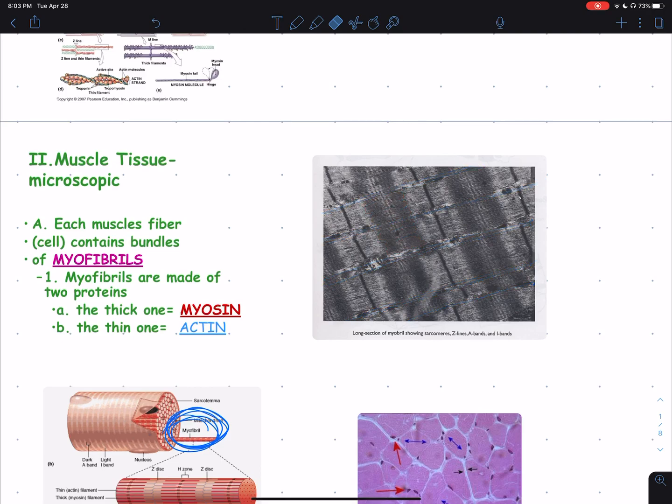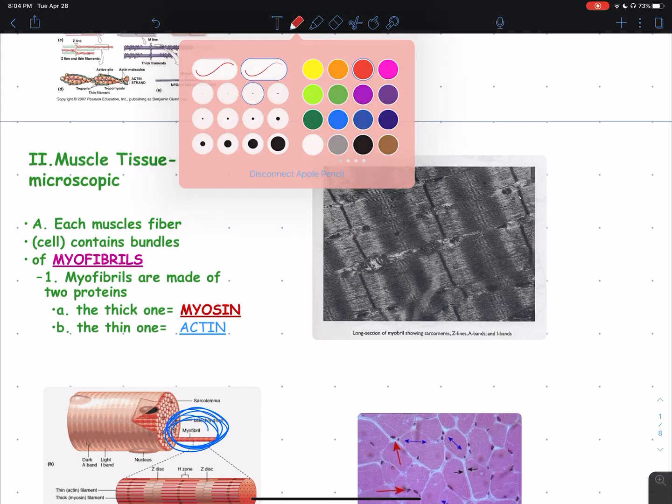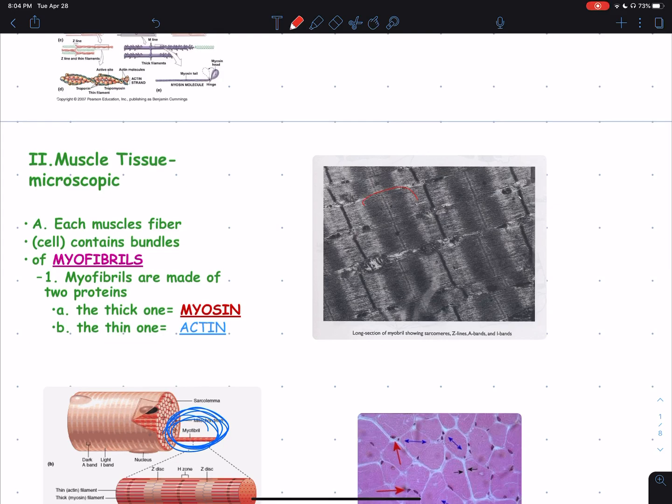So myofibrils are those stripes in the muscle, and the myosin is going to be the thicker ones that are dark, okay? Then we have a second fiber in this. And the second fiber in this is going to be the actin.